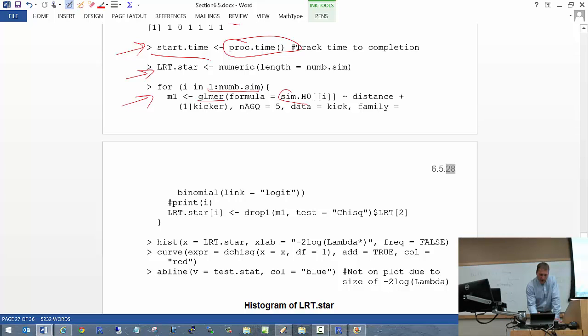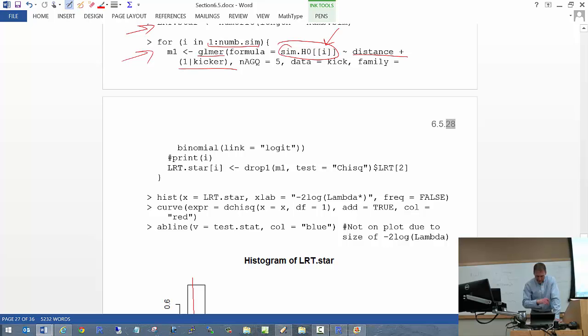Notice my response variable is the ith simulated data set, the ith set of Bernoulli observations. I'm estimating my model under the alternative hypothesis. Then I can simply use the drop1 function to calculate my test statistic of interest, and I immediately pull out my -2 log lambda star and put that into the ith component of lrt.star.